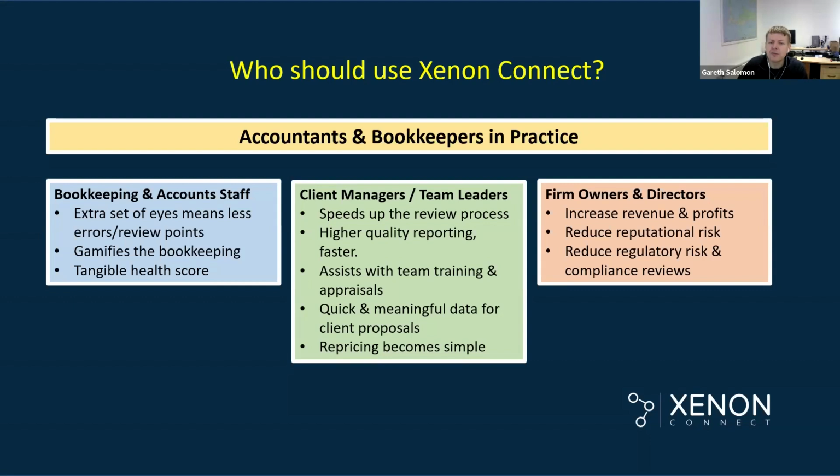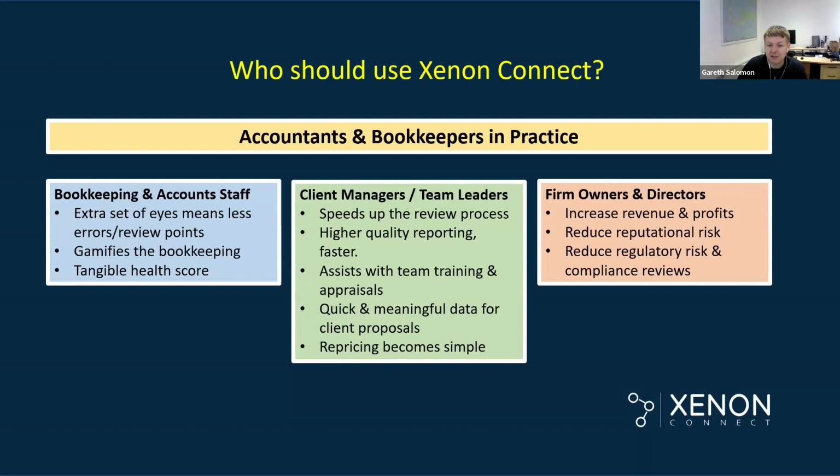And then from the point of view of firm owners or directors, obviously we've been mentioning that Xenon Connect can help you to cut down the amount of time it takes to get to that accurate trial balance. So inevitably that will increase revenue and profits if used properly. It will reduce the reputational risk, because it means if your errors are getting picked up, that reporting quality going out the door in terms of compliance, the VAT returns and year-end accounts, it's going to be better quality.